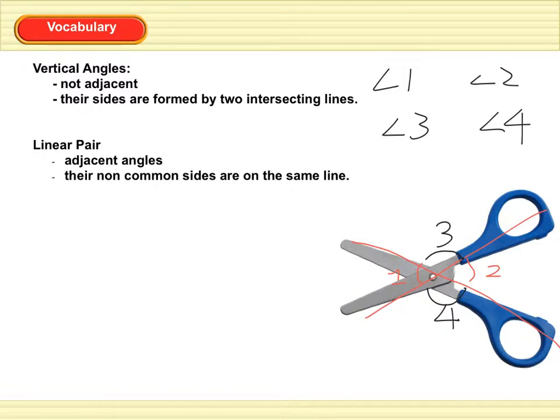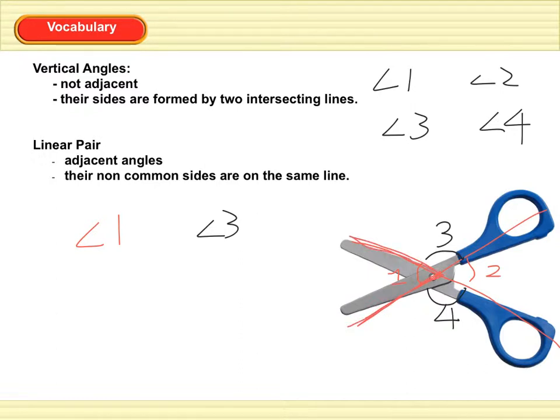Linear pair. Linear pairs are adjacent angles. And more importantly, their non-common sides are on the same line. So what does that mean? If you look at angle 1 and angle 3 together, angle 1 is the red part here. It's between these two lines, right?